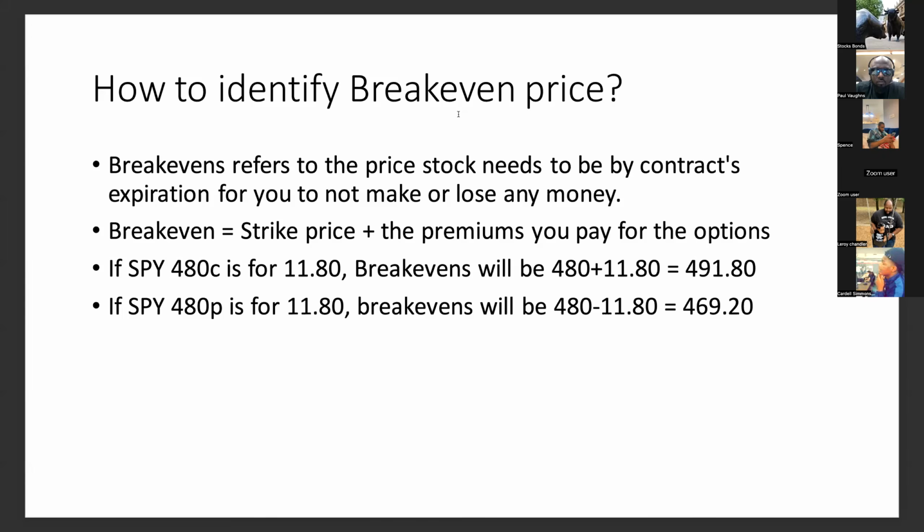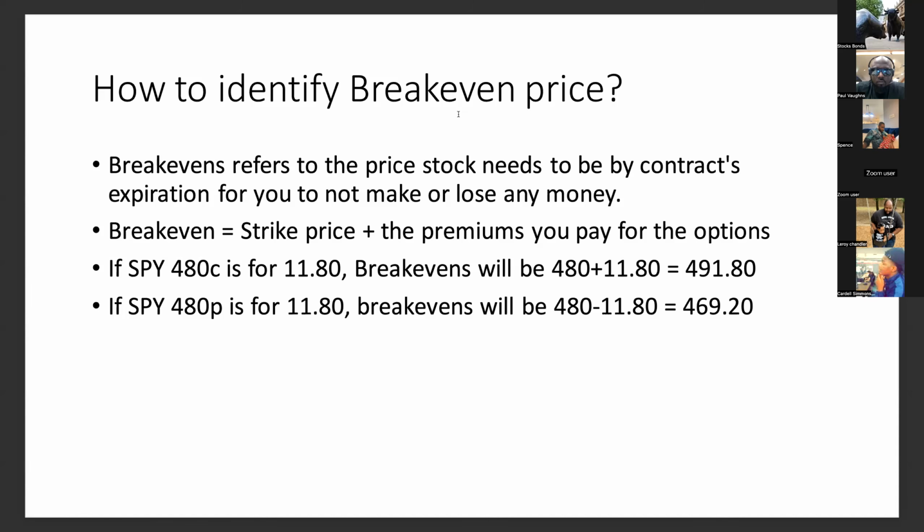Let's talk about it. The break-even refers to how much the stock price needs to move for you, by expiration that is. Let's say you have a bunch of SPY calls which expire tomorrow, and let's say you got 480 calls, and you see the break-even price is 482. So let's say by tomorrow 3:30, SPY is trading at around 481.